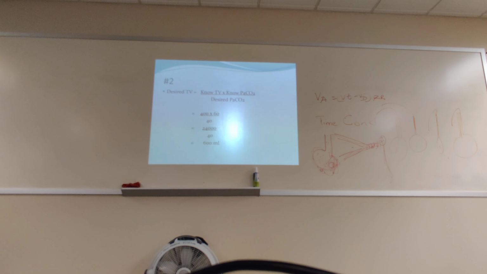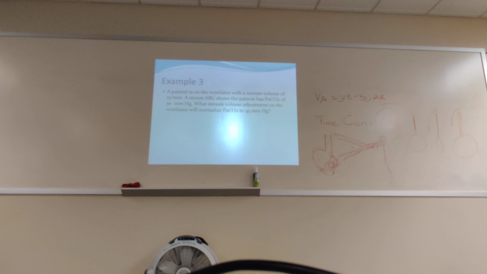So desired tidal volume equals known tidal volume times known CO2 divided by desired CO2. And that's what we got right there. And then it comes out to be 600. So if I go up to 600, from 400 to 600, that will blow my CO2 down to 40, which is normal ventilation.